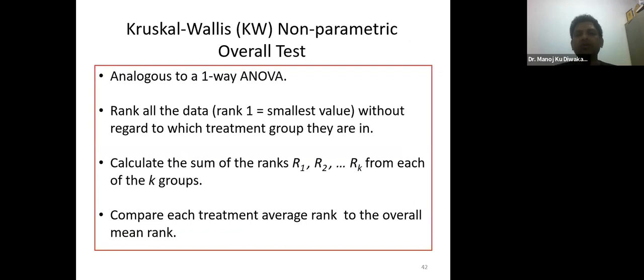Next, we will talk about the Kruskal-Wallis non-parametric overall test. It is analogous to one-way analysis of variance. Rank all the data, where rank one is the smallest value, without regard to which treatment group they are in.